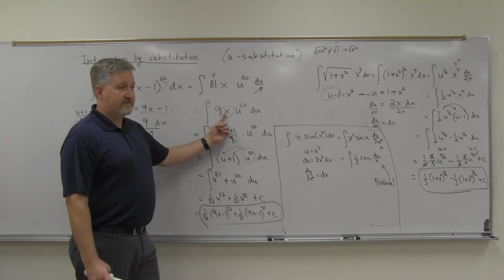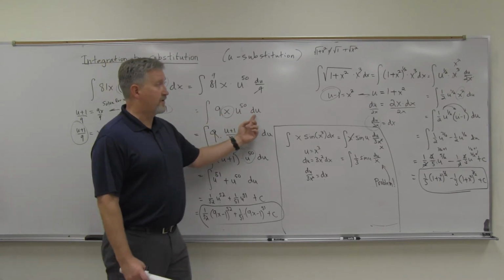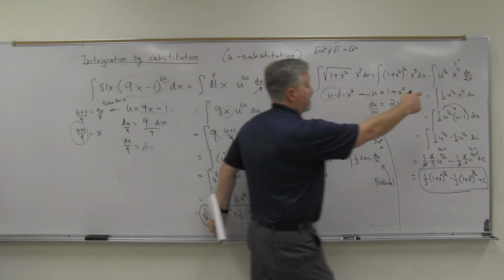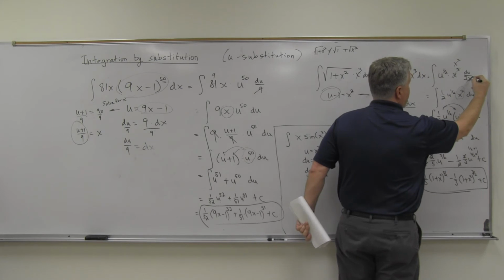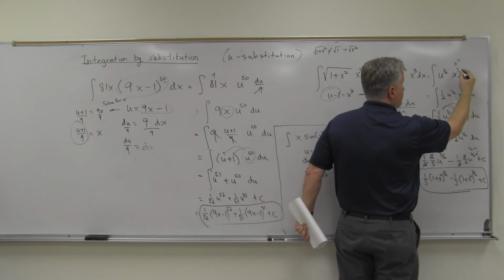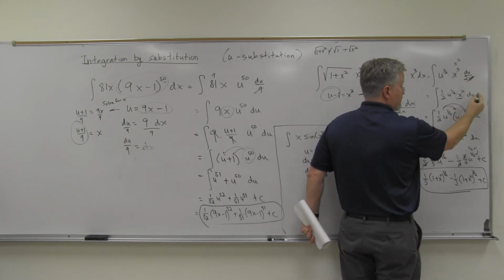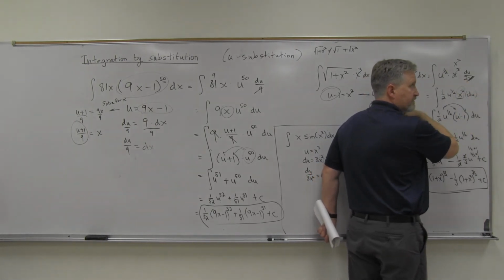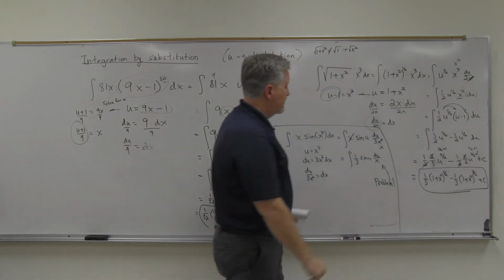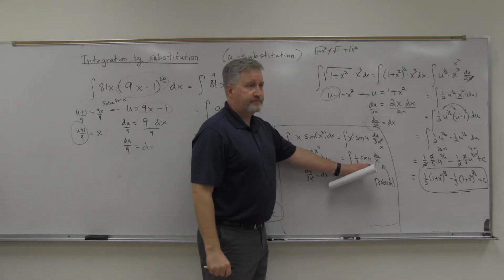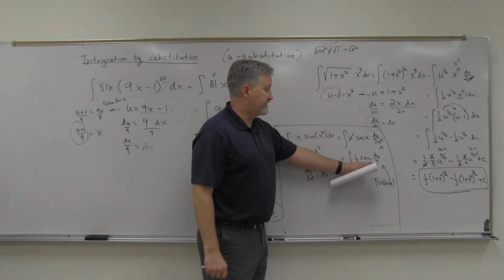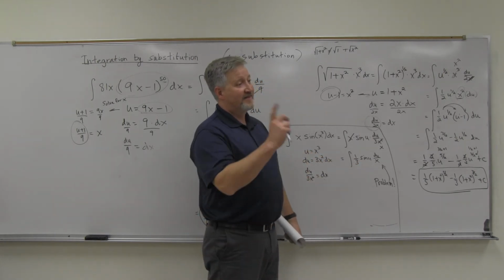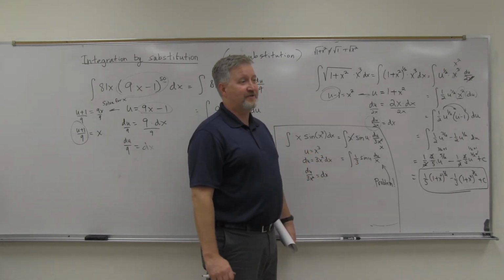In the previous examples, I canceled this x out in the denominator of du, and that left me an x squared, but it's not in du, as far as the u-substitution goes. So if you have an x left in the denominator of the du, that's a signal: you can't use u-substitution, okay?